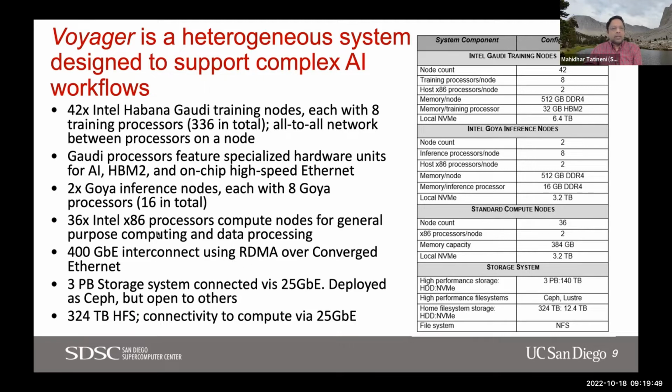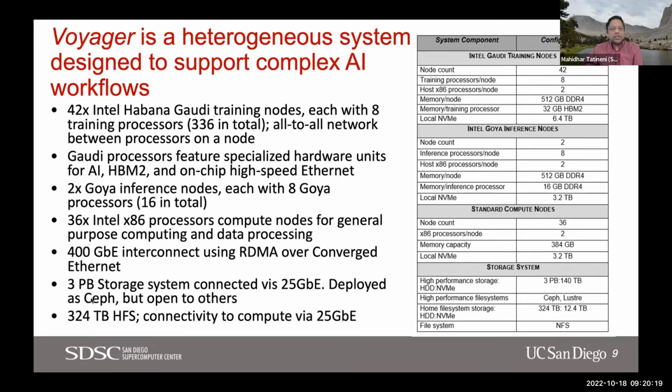I'll give an example of this in the second talk, on how to do those things. The primary network between all the training cards is a 400 gigabit interconnect using RDMA over converged Ethernet. It's a pretty standard networking technology, which makes it easier to deal with, set up, and use.